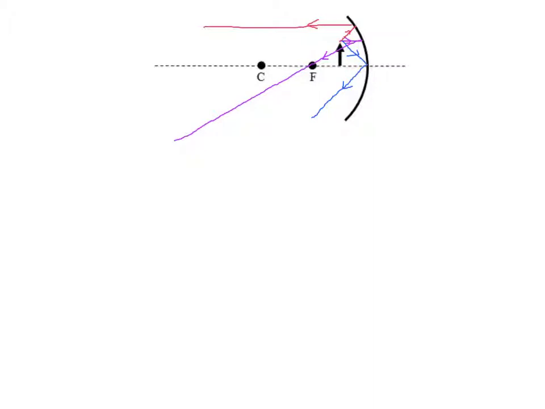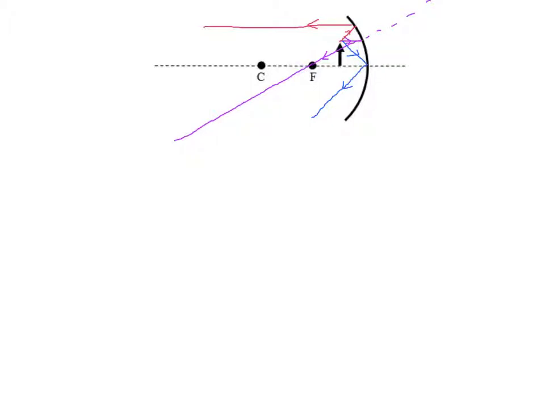So let's take each of these three rays, since they're all diverging away from each other, and trace them backward to the other side of the mirror using a dotted line. So I'll start with the P ray, which was the purple one. When it reflected, it went down through the focal point. So if I trace that reflected part up like this, we have that. Then I'll go to the red one, which was the F ray.